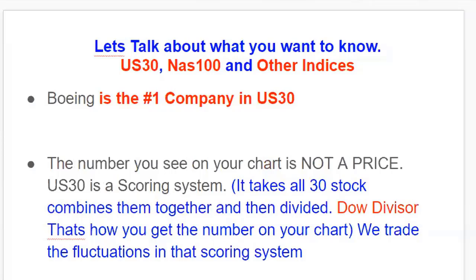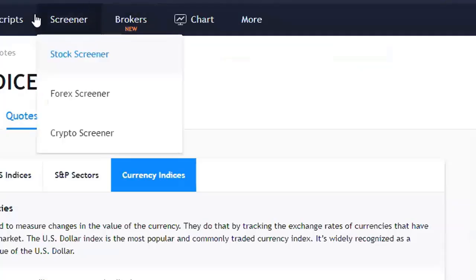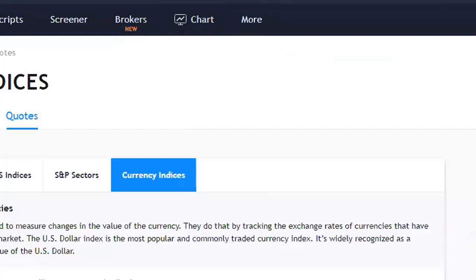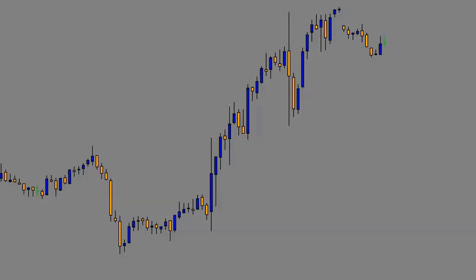So, like I covered, Boeing at the moment is the number one company in the US30, okay? Now, the numbers that you see on your chart is not price. It's the US30 scoring system. So here on US30, these numbers over here, this isn't price.